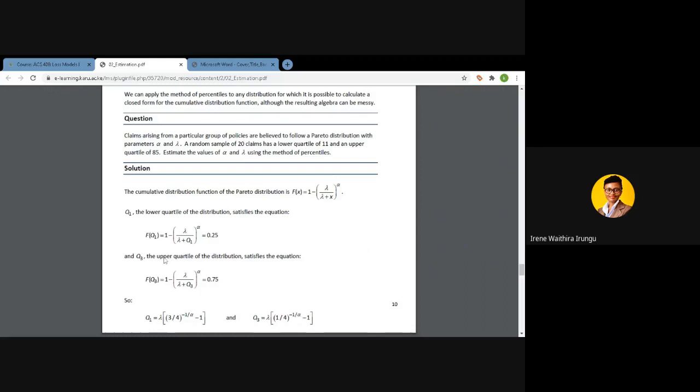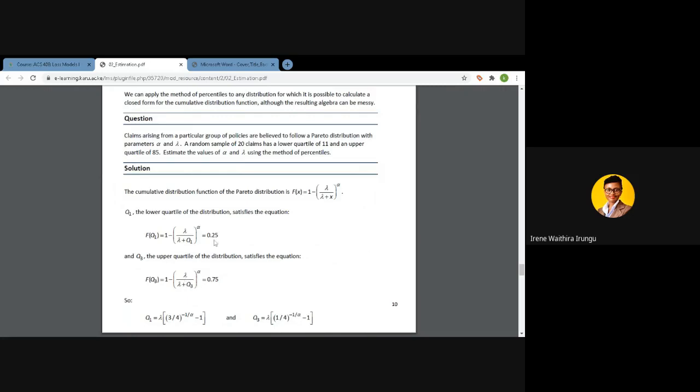So if you were to evaluate the lower quartile, which corresponds to the first quartile, it means where we have our x value, we are evaluating it at Q1. Where you have x there, you replace that by Q1, and in the same manner, for the third quartile, you replace it by Q3.